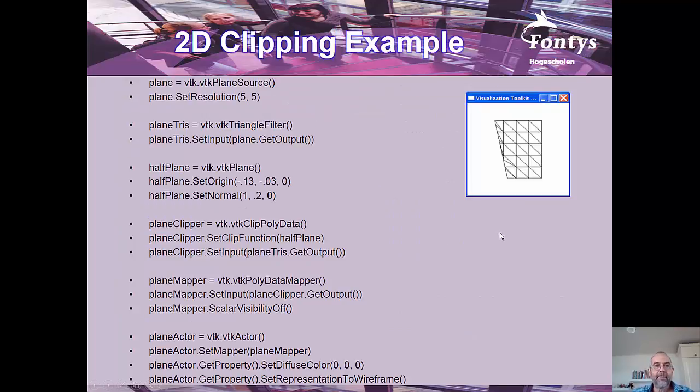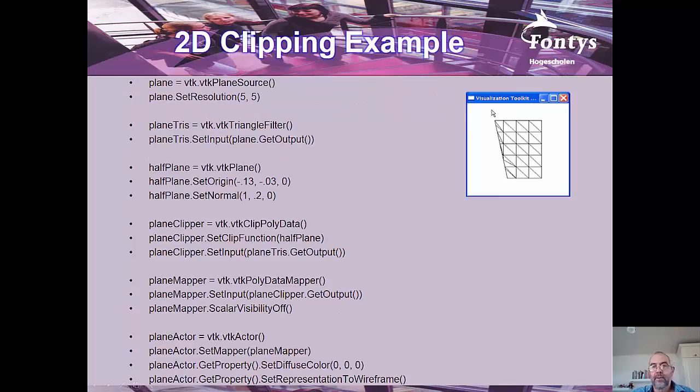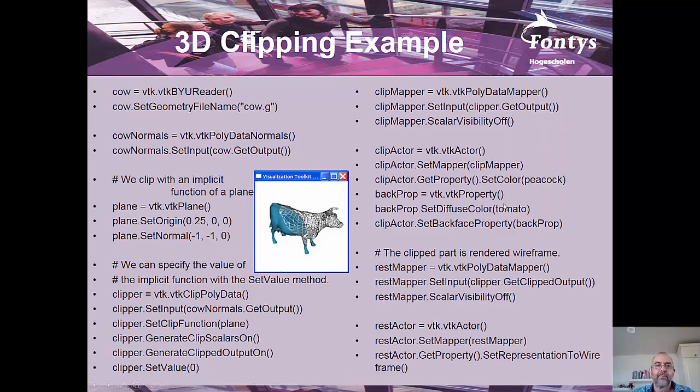Okay, then the clipping, which is different from cutting, because we cut the volume in 2 parts and then show only 1 part. This is again a 2D example, which I will skip. Here is a 3D example of a cow, which we cut in 2 parts.